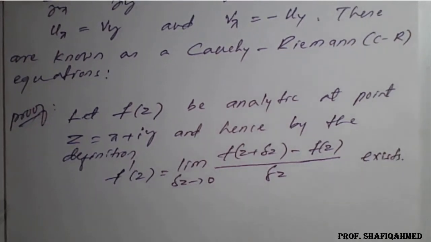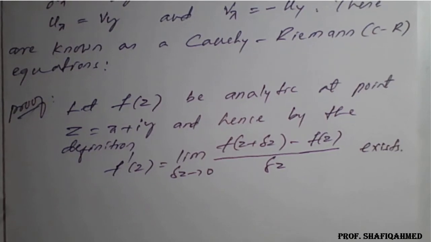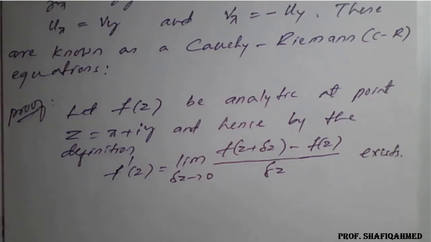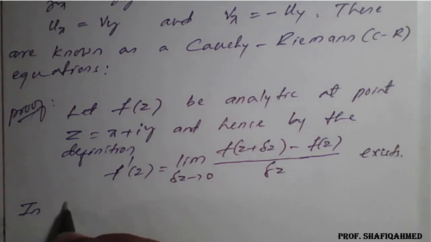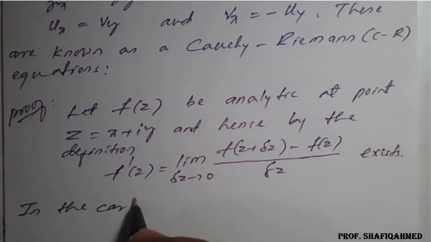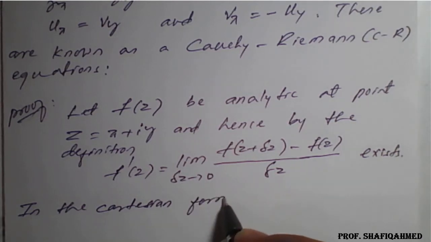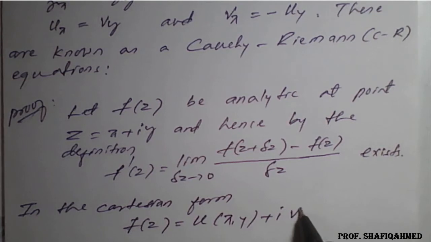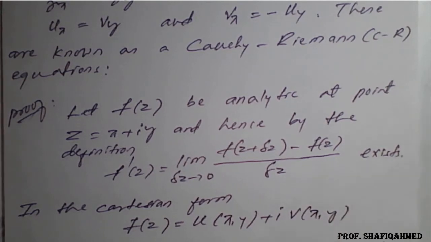So once it is analytic, then we can write the derivative of it. Then we simplify in the partial form, the Cartesian form. In Cartesian form, f of z is nothing but u of x comma y plus I times v of x comma y.